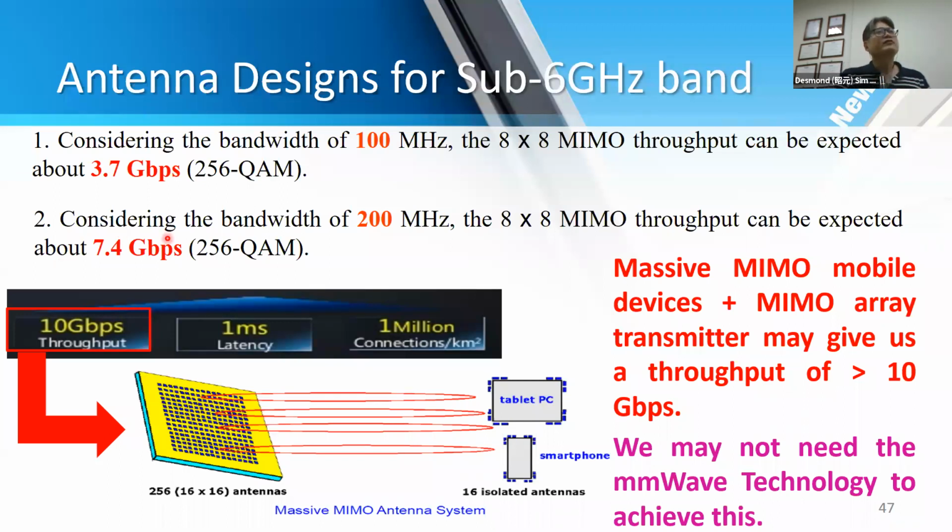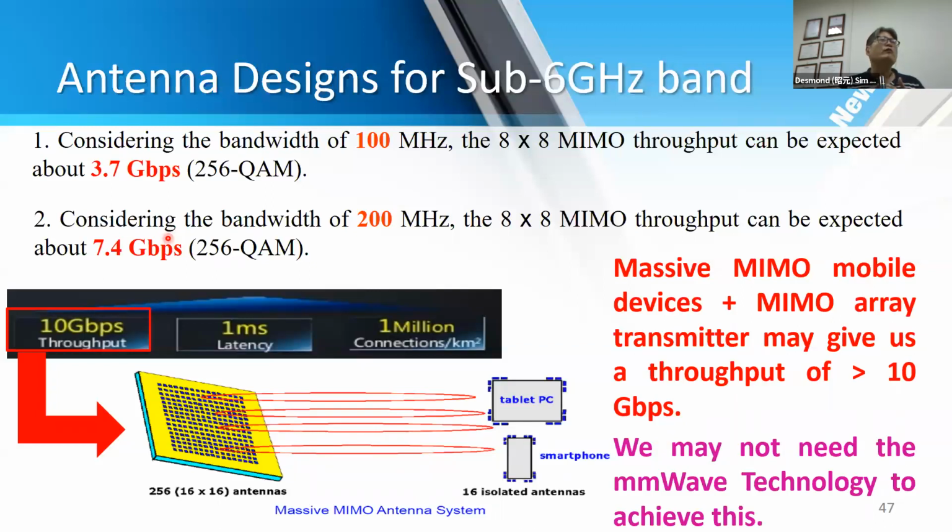So this answers some of the questions raised by the communication people who keep telling us that we are not going to make it. But indeed, we have made it in such a way that at the moment we can go up to about 5 to 7. I believe the highest throughput right now in Taiwan that we have developed is about 7 gigabits per second.